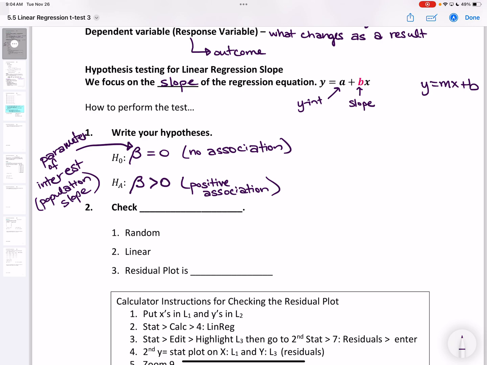Then I might make my alternate beta is less than 0, which means a negative association. I remember this now. And then the one where it's not equal, that's when it's like dots all over the place. Yes, good. So when there's dots all over the place and I'm like, oh, I don't see a positive, I don't see a negative. So I'm just going to say, okay, beta does not equal 0, which means I'm just looking for an association.